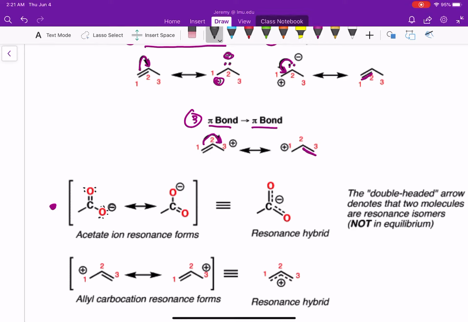So here we have one resonance structure, but that doesn't accurately represent the entire ion. It turns out that the negative charge is on the oxygen on the right, but it's also on the oxygen on the top. So we can show the flow of electrons. This lone pair here can form a bond, which forces that bond to become a lone pair here.